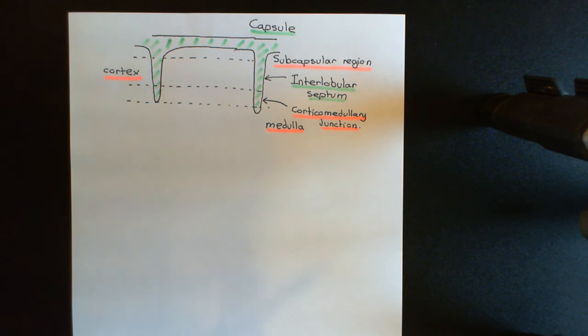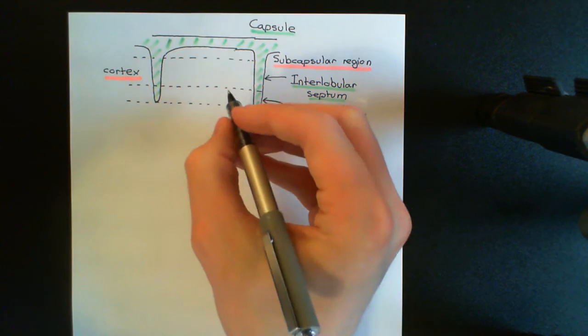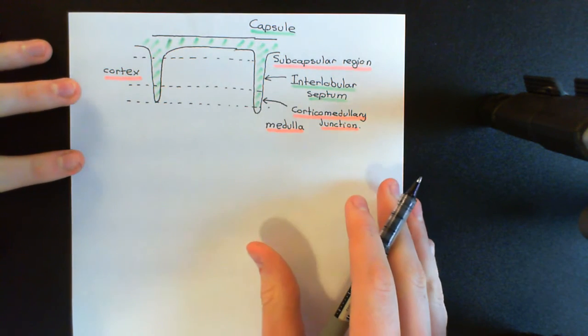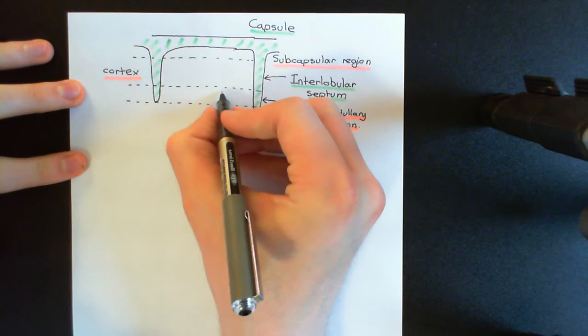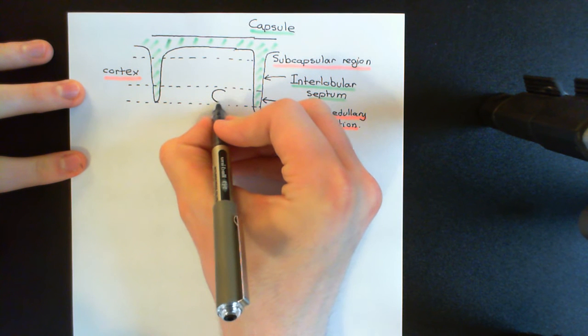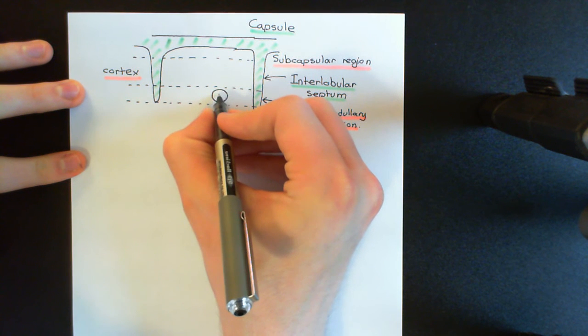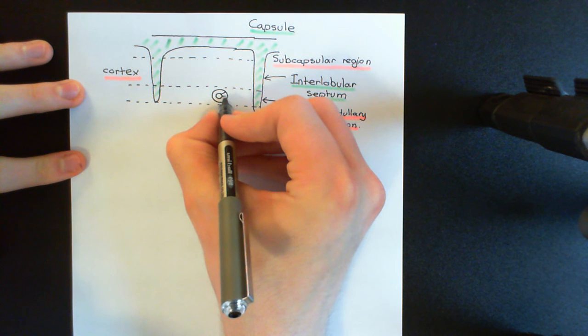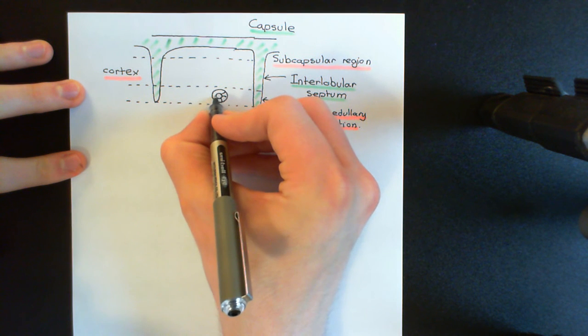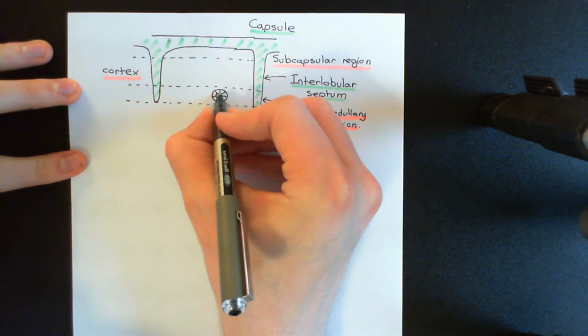So in the corticomedullary junction, there are special types of venules known as high endothelial venules, and we're going to see high endothelial venules again later in lymph nodes. The reason they're called high endothelial venules is that they have a very high endothelium. So if I just draw a high endothelial venule here, the endothelial cells of blood vessels are usually extremely flat.